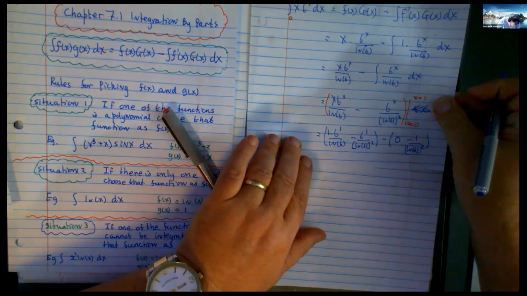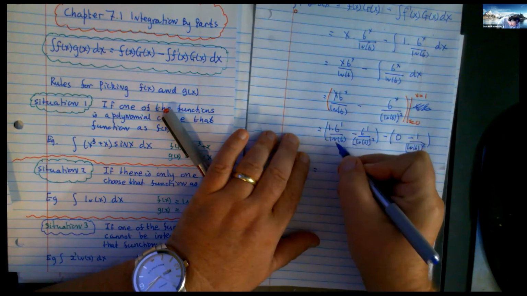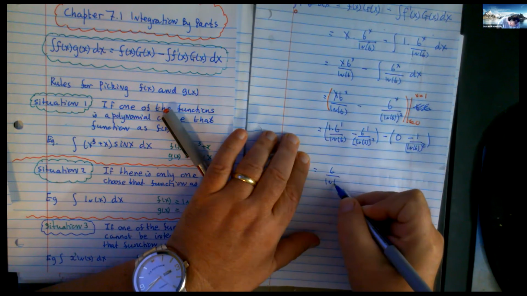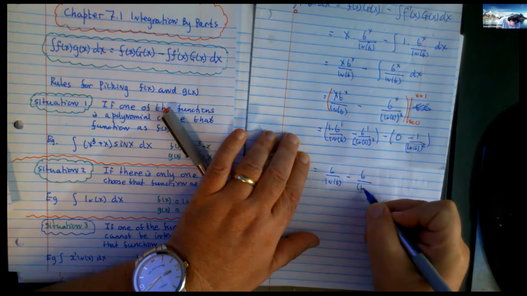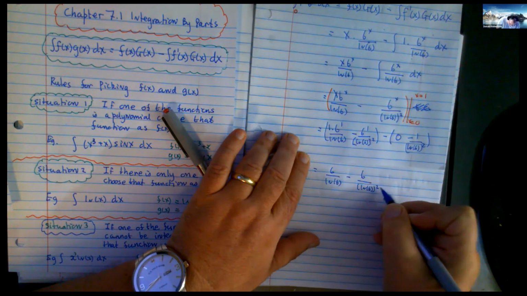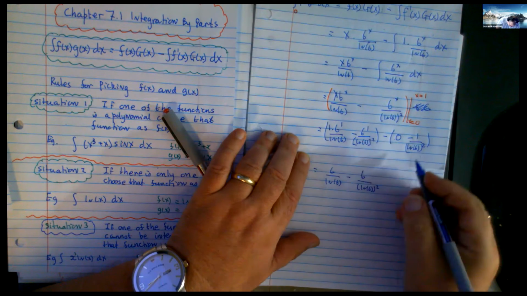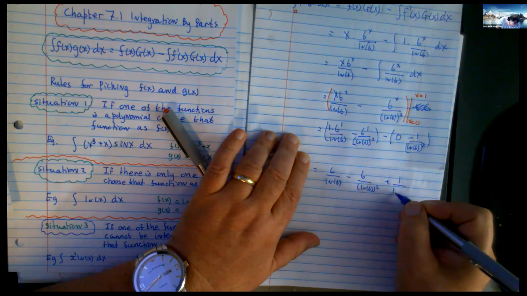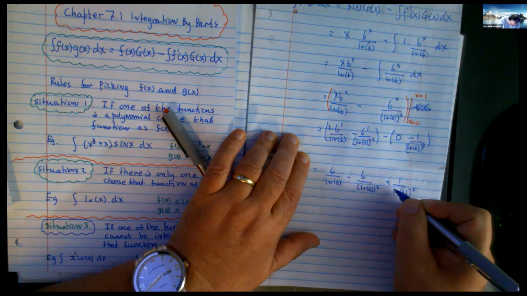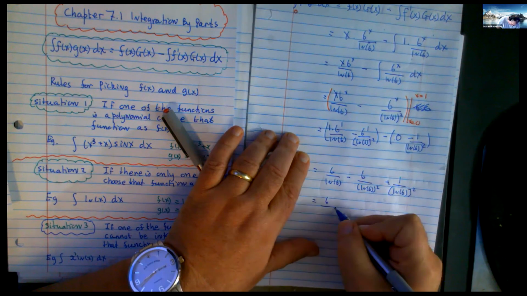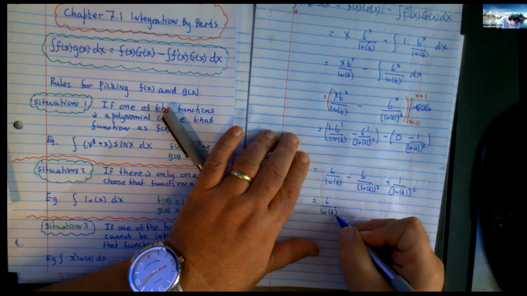And so what I've got is 6 over log 6, take away 6 over log 6 squared, take away nothing. Take away that guy is add. And these are the same. So it's a very ugly answer.